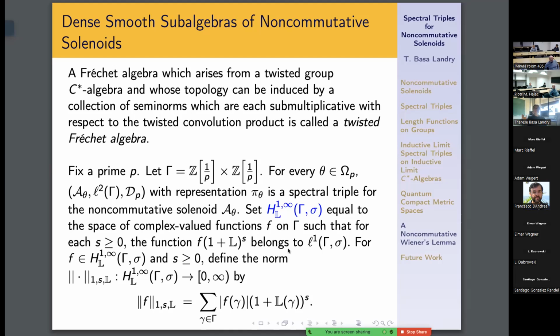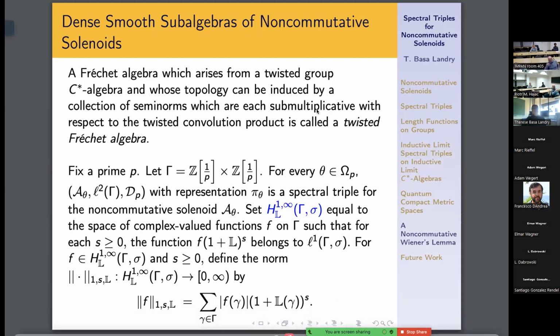So it's a little confusing in that sense. In proving some things and getting bounds on products, like submultiplicativity, the twist comes in.